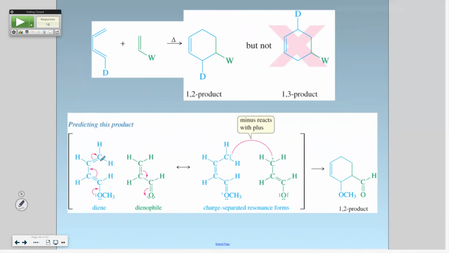So this is the delta negative spot, and this is still the delta positive spot. Okay, so you may have to draw them out and look at them and go, okay, where is my negative spot? Okay, so we're going to put the minus to the plus. Okay, and then here's what you get.